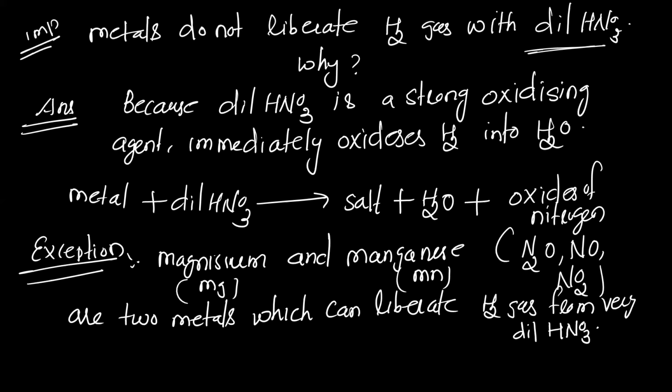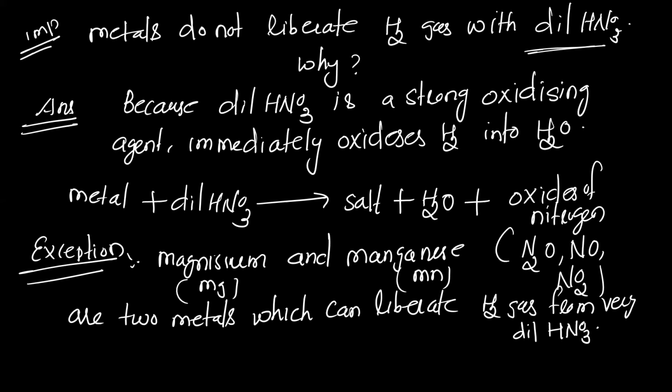One more important thing is, instead of taking dilute HCl or dilute H2SO4, if we are taking dilute HNO3, then metals do not produce hydrogen gas. What is the reason behind that? Because dilute HNO3 is a strong oxidizing agent. Immediately it oxidizes hydrogen H2 into water.